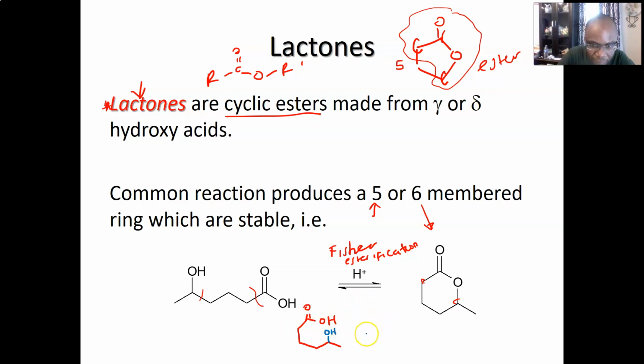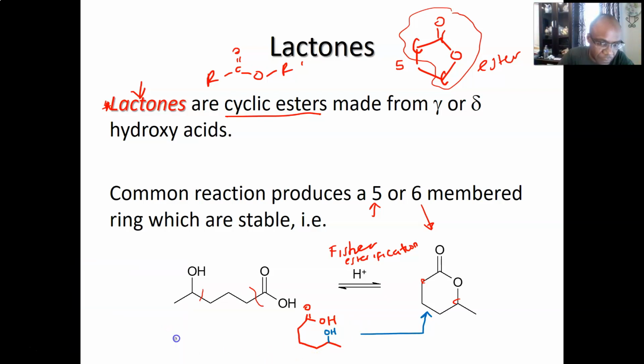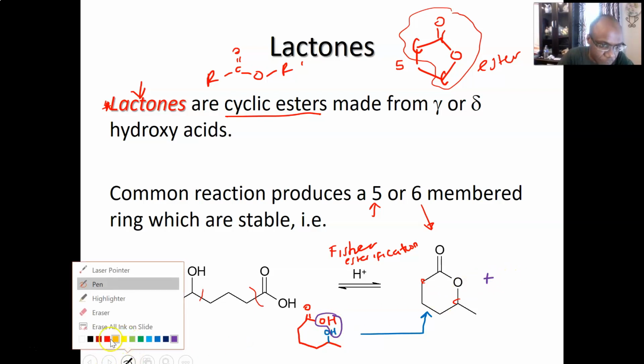So one can easily use our baby shortcut. We can quickly know the product by losing the OH of the carboxylic acid and the H of the alcohol and clicking the oxygen to the carbonyl, because we know that the oxygen of the alcohol stays, the OH of the carboxylic acid falls off, and that's how one would form water.